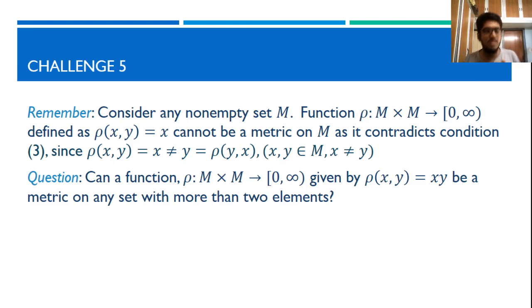I'm going to change R to M, rho from M cross M to 0 comma infinity, given by rho of x comma y is equal to xy. Can it be a metric on any given set with more than two elements? Can there be any set on which such a function can be a metric?